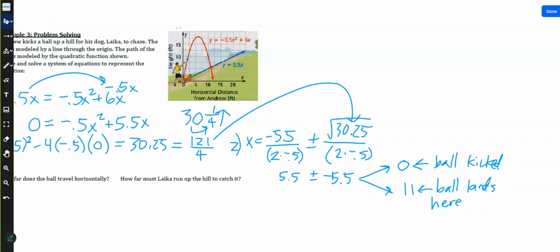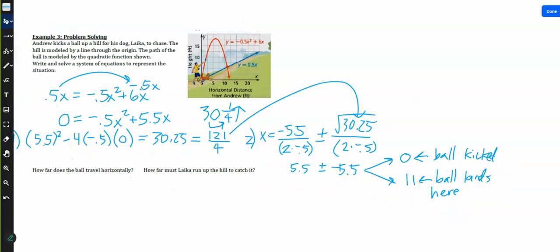Now, wait just a doggone second. Is that really true? That's 11 freaking seconds? Did I do something wrong? Opposite of b, or b squared minus 4 times the a value times the c value.